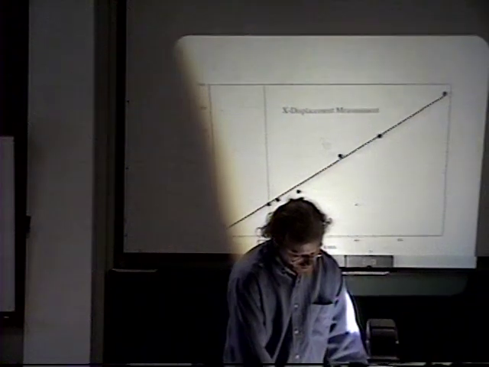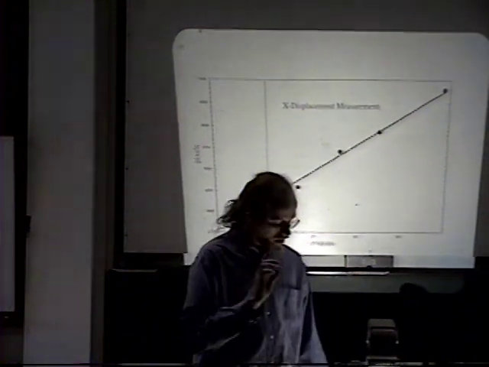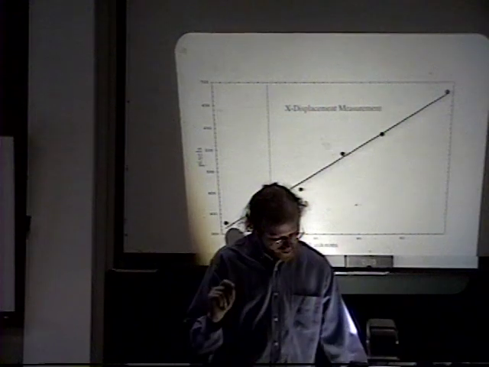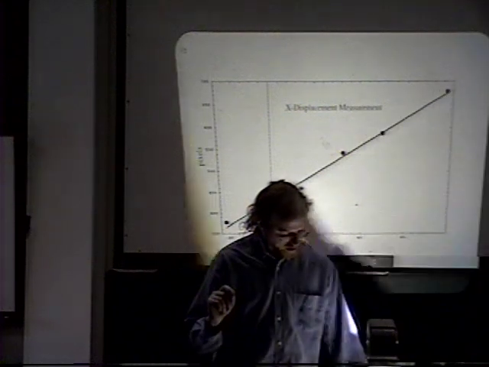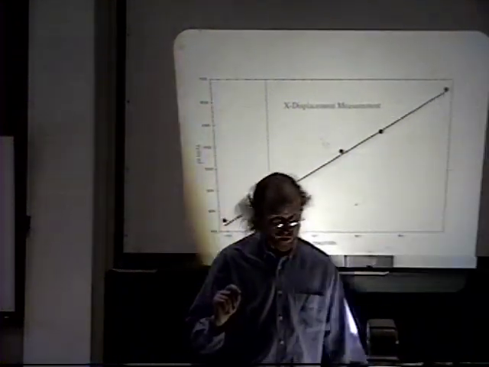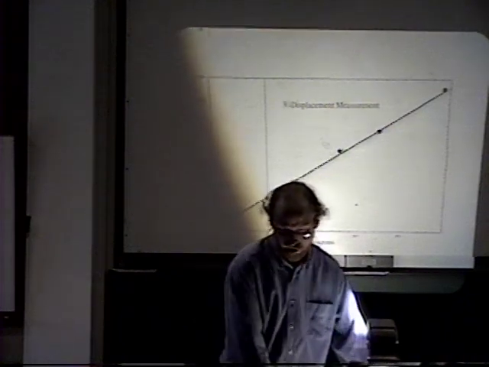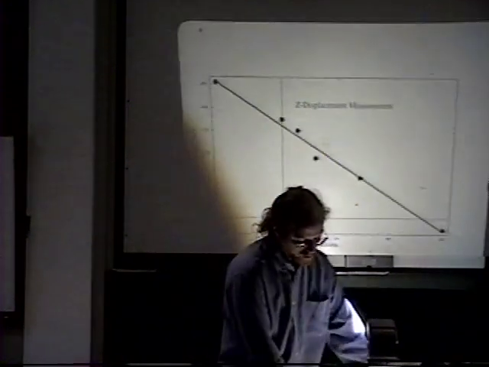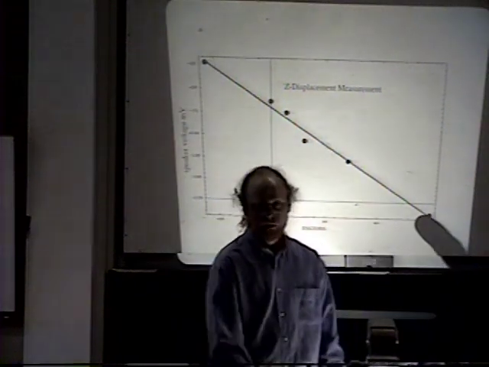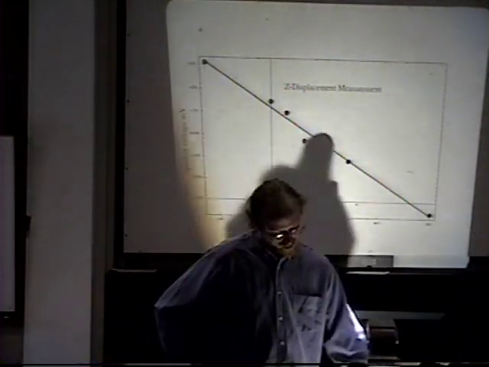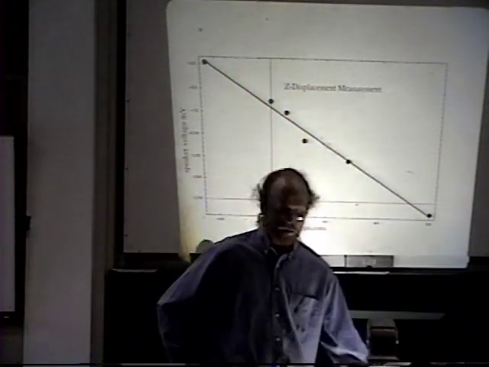Here we did some tests just to check its linearity. I did some calibrated displacements with different known positions of our x displacement, and then looked at the correlation function, and sure enough, it's pretty linear. That's for the in-plane. Here's another experiment with out-of-plane displacements, and once again, it has some error, but it's fairly linear.